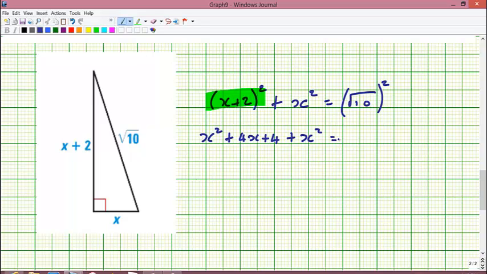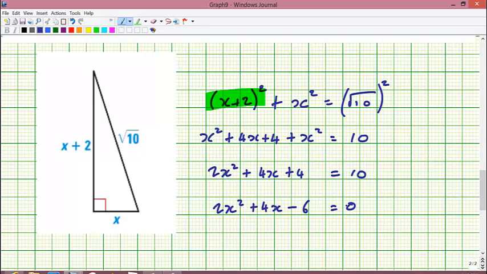The square root of 10 squared is 10. Let's tidy things up on the left-hand side. 2x squared plus 4x plus 4 equals 10. We can simplify that. 2x squared plus 4x minus 6 equals 0.